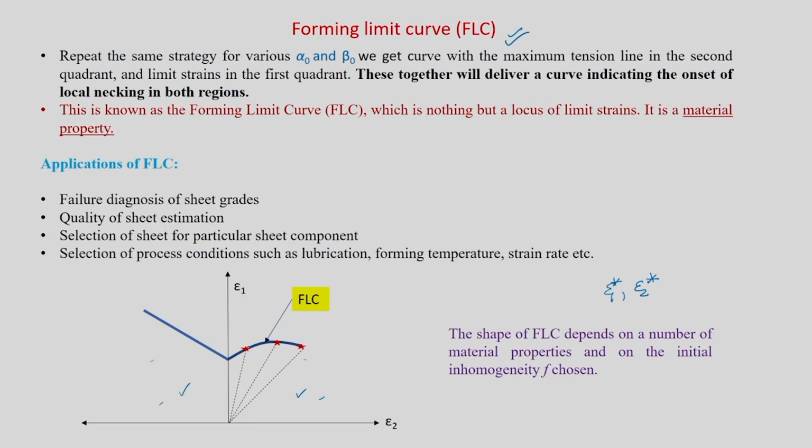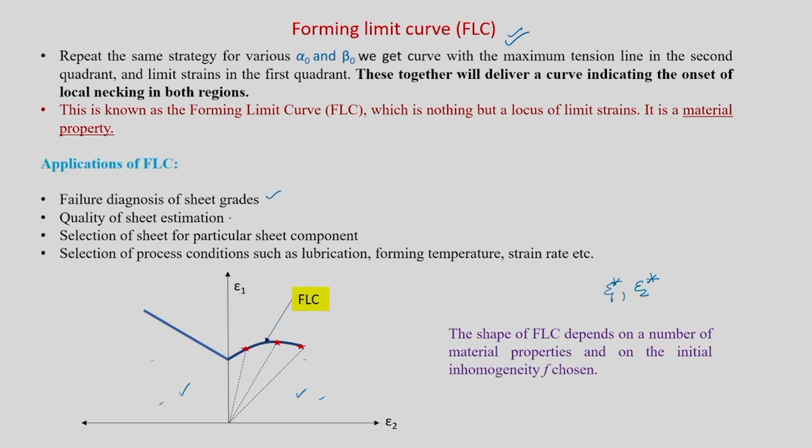The star here denotes the forming limit strains. We said that it is a material property, so unless you change something in the material, it is not going to change; it will remain the same. We have also seen that it is useful for various reasons. One is the failure diagnosis of sheet grades, the quality of the sheet.